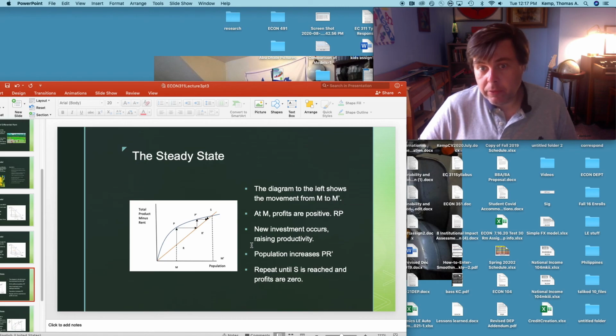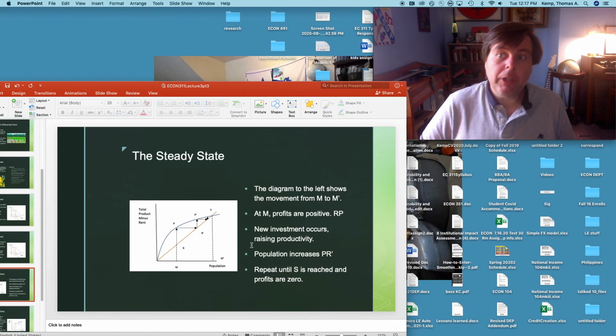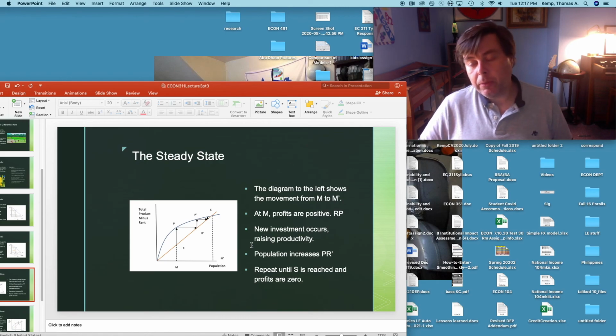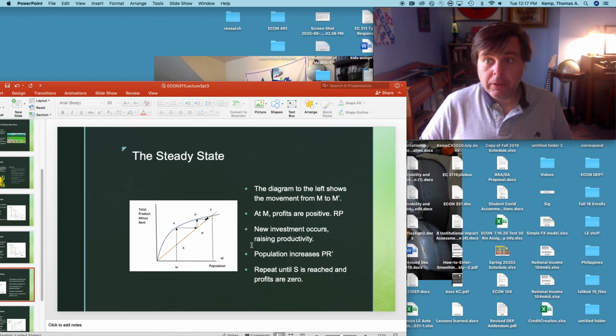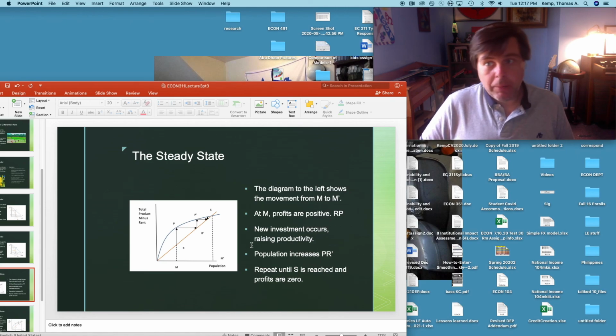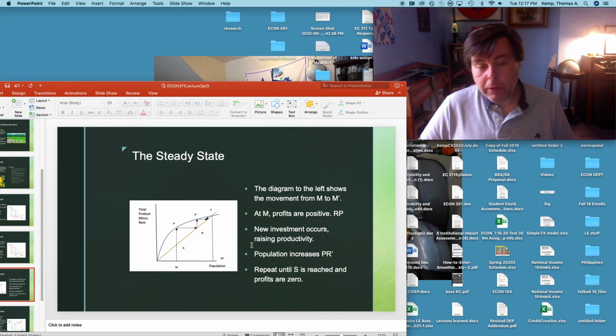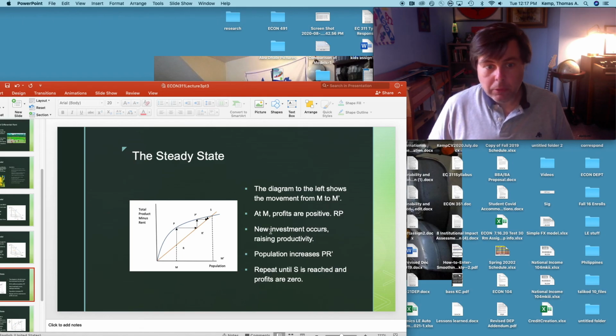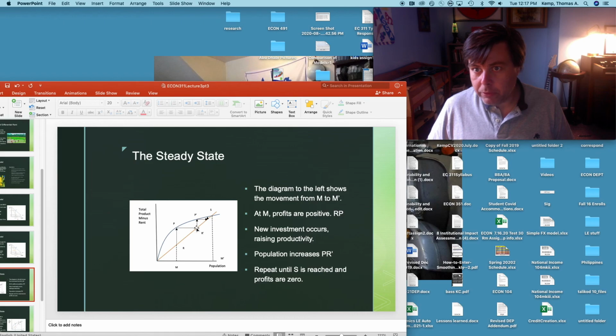Okay, so that's that process, right? Wages go up, population goes up. Profit, investment occurs, productivity goes up, population goes up. That process can be described as R to P, P to R prime. Okay, so boom, step 1, step 2, step 3.